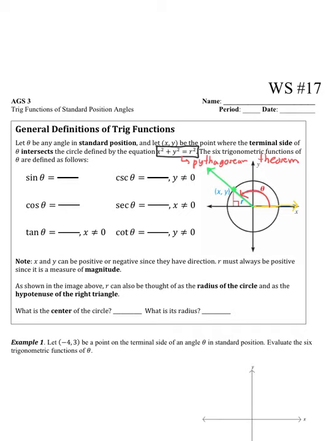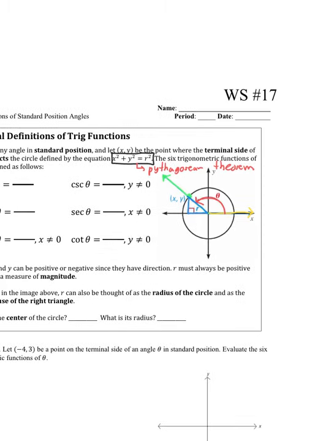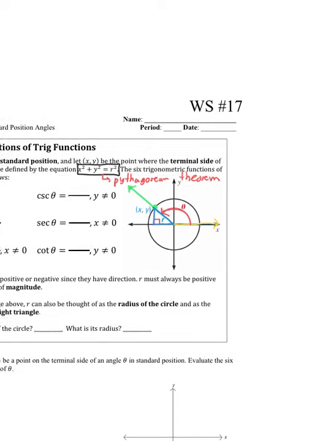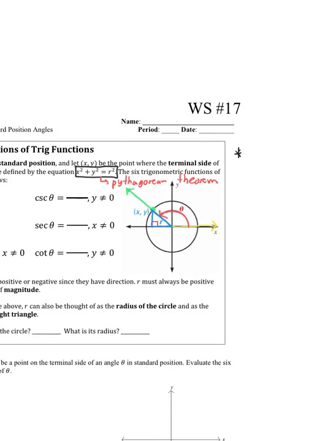You can draw a triangle straight down from that point, or straight up from that point. We always form a triangle with the x-axis. That's really important. Never with the y-axis, always with the x-axis. And this is where SOHCAHTOA is going to come in.